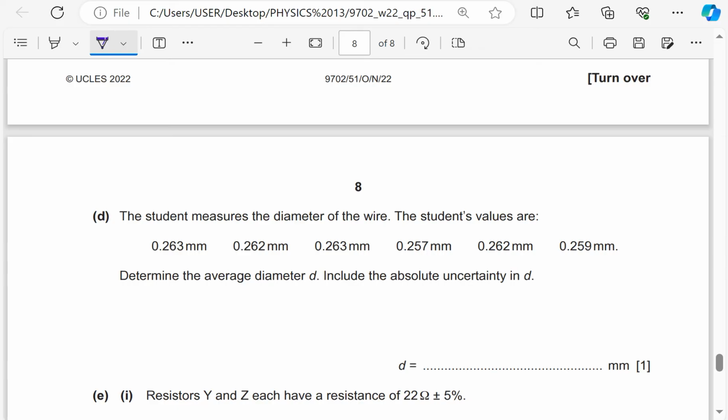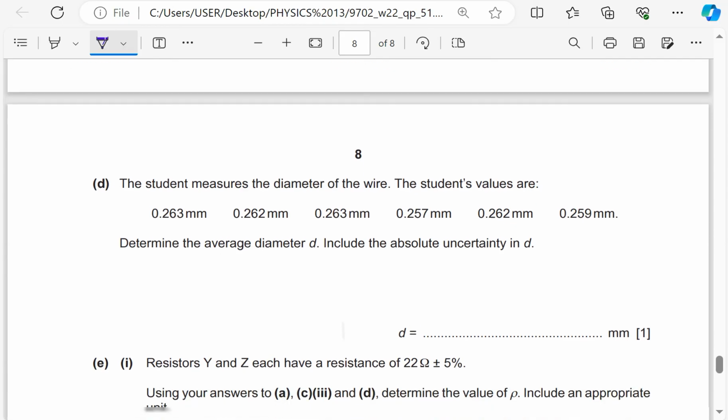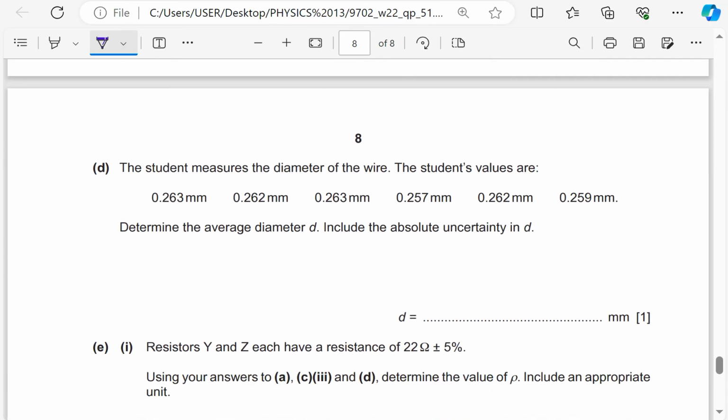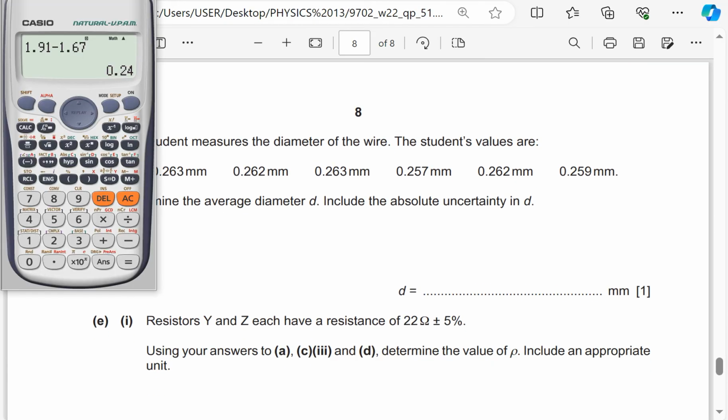Then a student measures the diameter of the wire. The student's values are shown here. Determine the average diameter D, include the absolute uncertainty. So the average we shall just add and divide by their number.